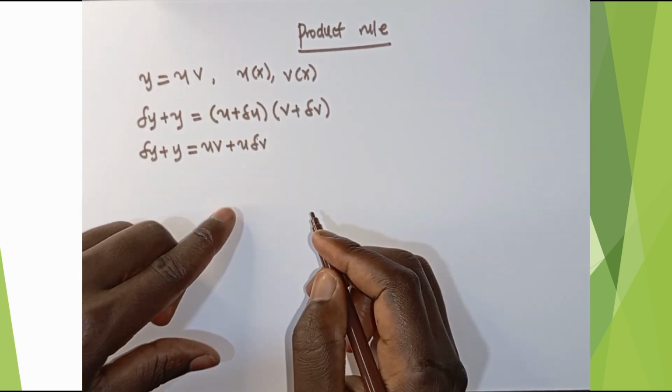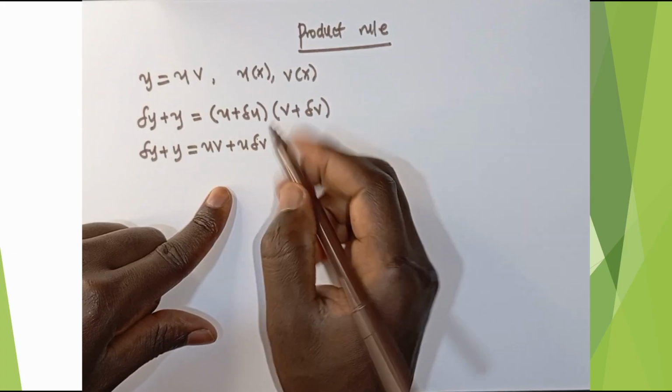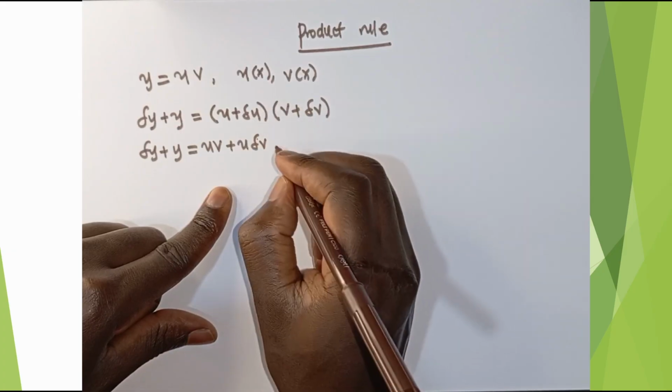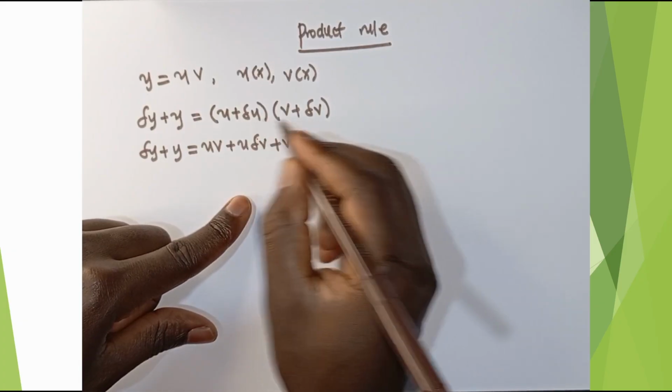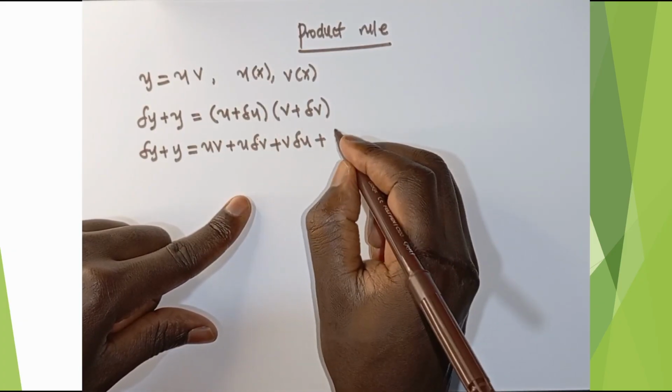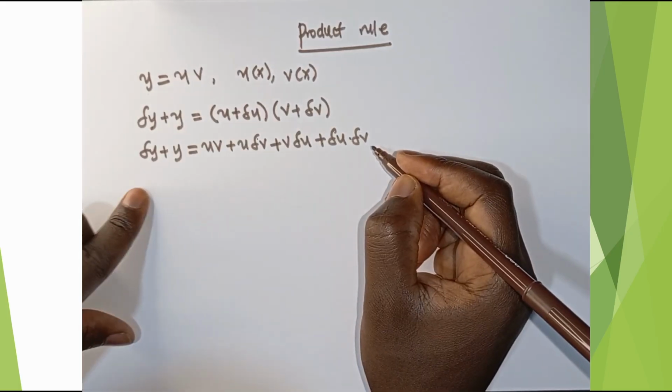It's so easy. So this times that, we have obtained that, and then multiply this times this, we shall have plus v delta u, and then this times this, we shall have plus delta u times delta v.